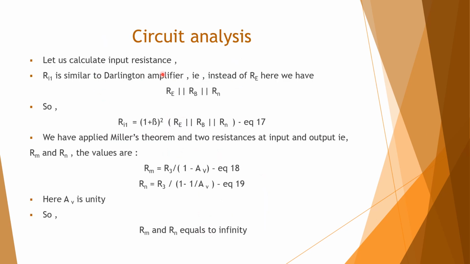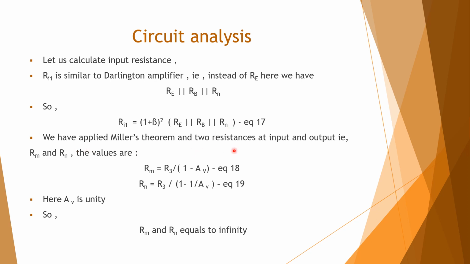So let us calculate the input resistance. Ri1 is similar to the Darlington amplifier, but instead of Re, we have Re parallel with RB and parallel with Rn. So Ri1 equals (1 plus beta) square times Re parallel RB parallel Rn.